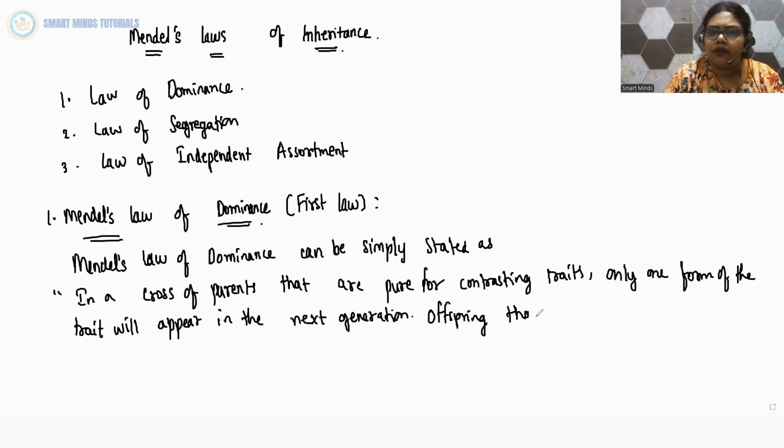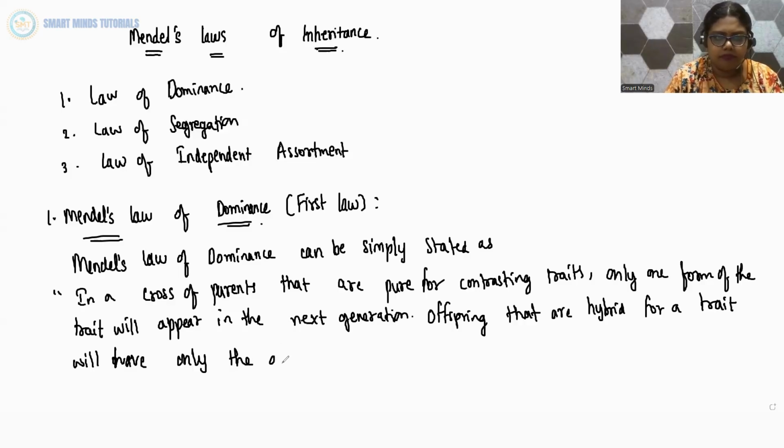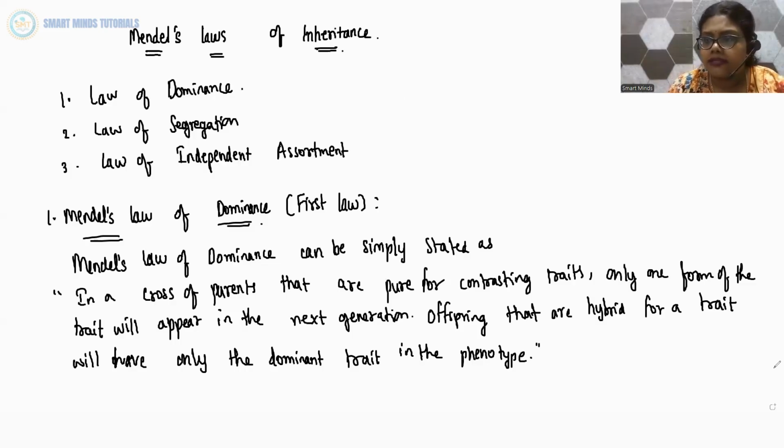Offspring that are hybrid for a trait will have only the dominant trait in the phenotype. Now let's take an example for the first law.